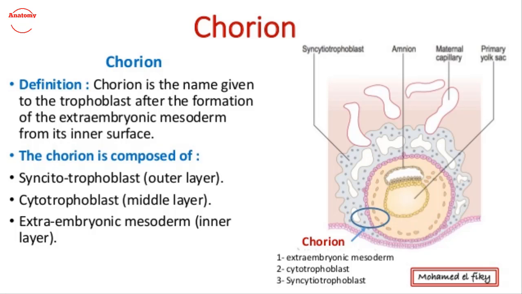With this, the extraembryonic mesoderm is split into an inner splanchnopleuric layer covering the yolk sac and the outer somatopleuric layer under the trophoblast. This outer somatopleuric layer, along with the overlying cytotrophoblast and syncytiotrophoblast, is called the chorion.